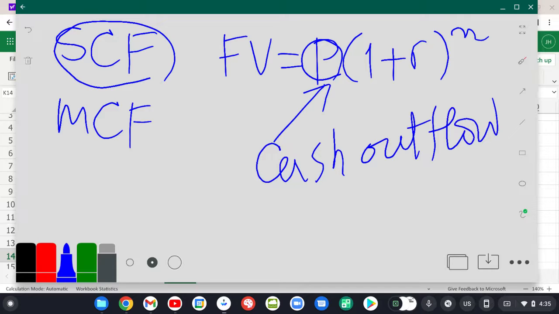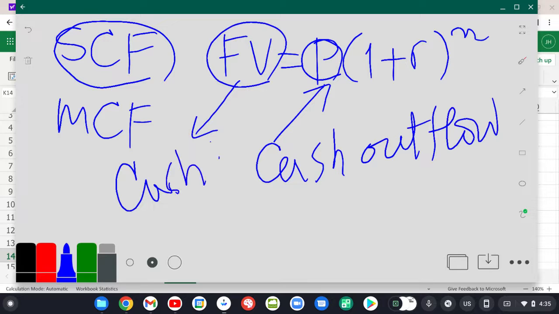Cash goes out from you. You get it? So the money leaving you, that's cash outflow. Money coming to you, that's cash inflow.